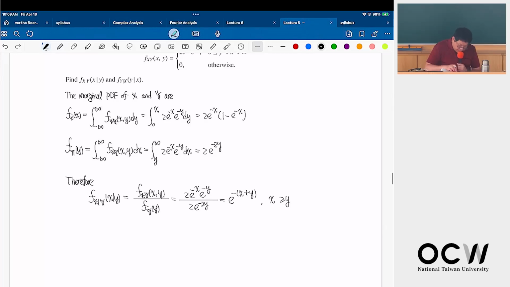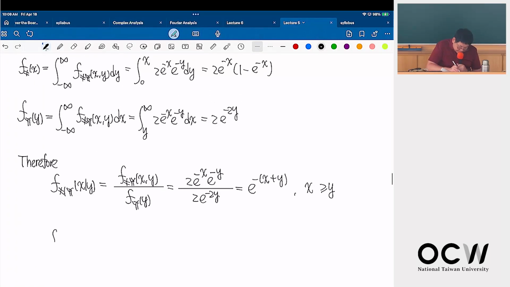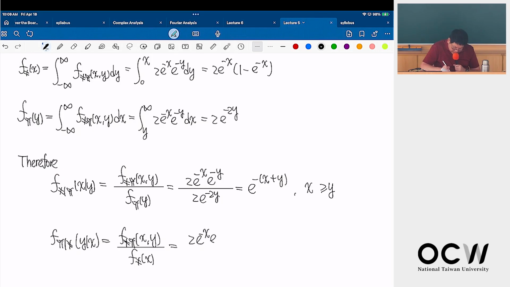And for y given x, it is the joint PDF divided by the marginal PDF of x. 2 times e to the minus x, e to the minus y, divided by the marginal PDF of x.